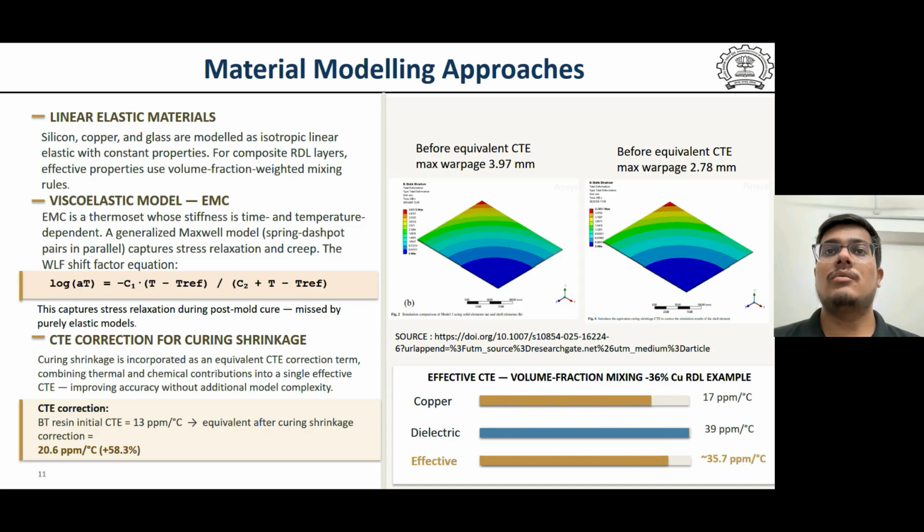On the left side, the warpage is over-predicted, and on the right side, the lesser warpage is shown. So the corrected model gives more realistic deformation results. Finally, for the composite system, the effective CTE is obtained through volume fraction averaging. So the overall response depends on the relative proportion of copper and dielectric materials.